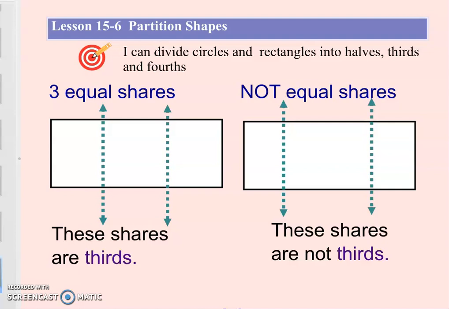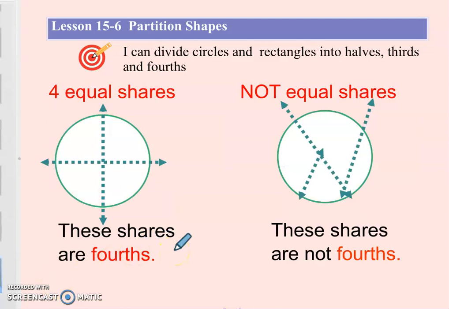And if I take a look at the one on the right, it clearly shows that this one is not divided equally, because you see that the middle part is much bigger than the other two sections. So we can say this one is not divided in equal parts. All right, if you take a close look, you can exactly see when it's divided equally and when it's not. All right, so let's move on to the next one.